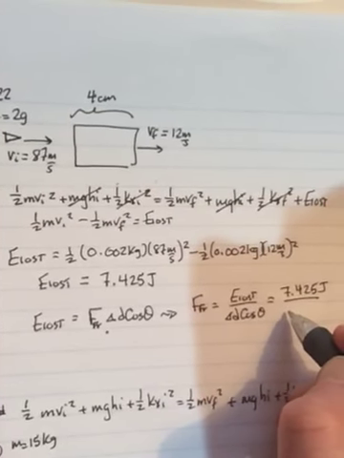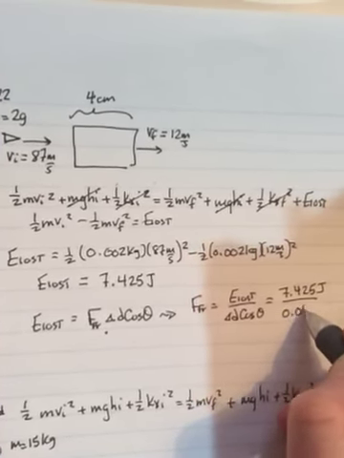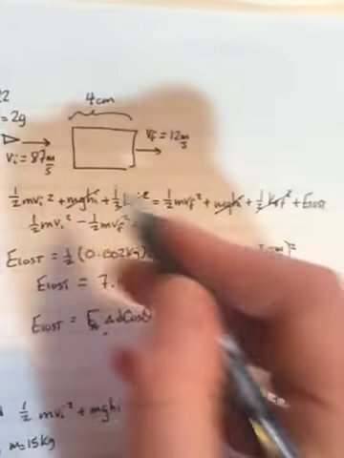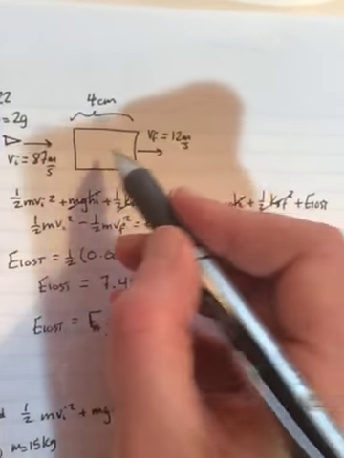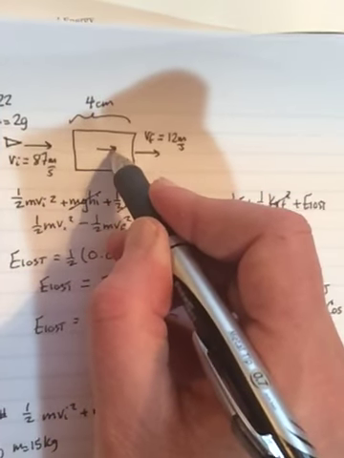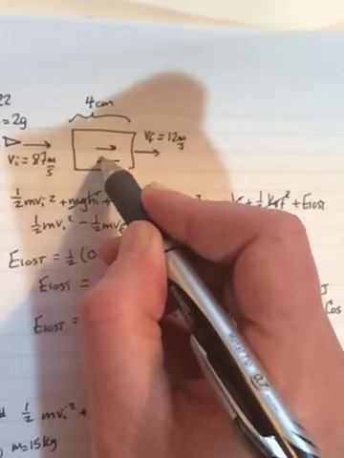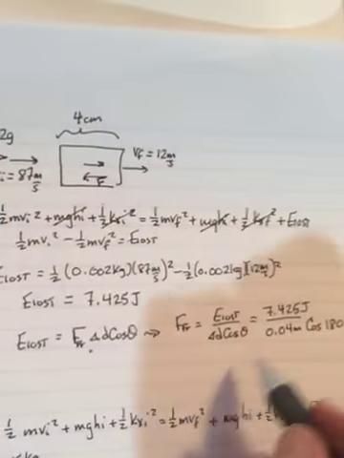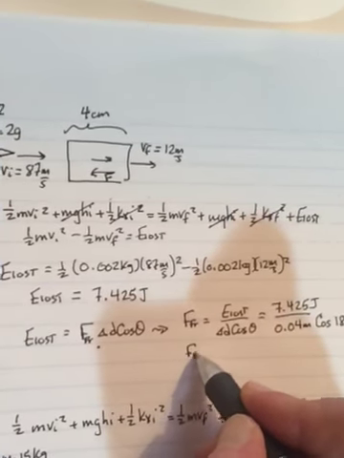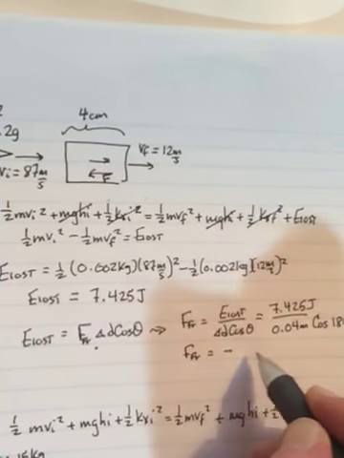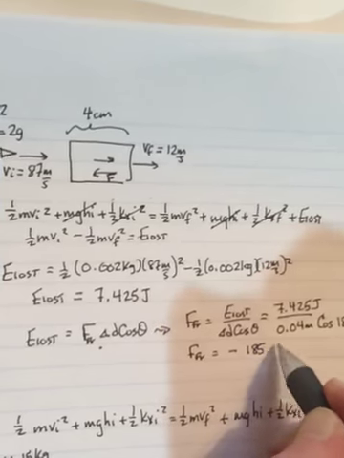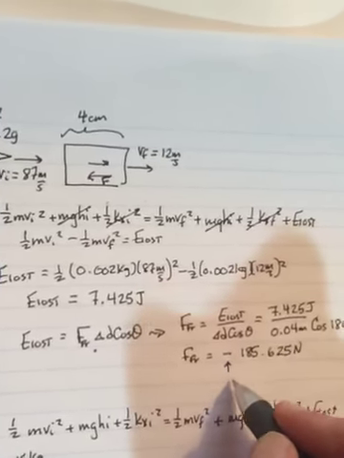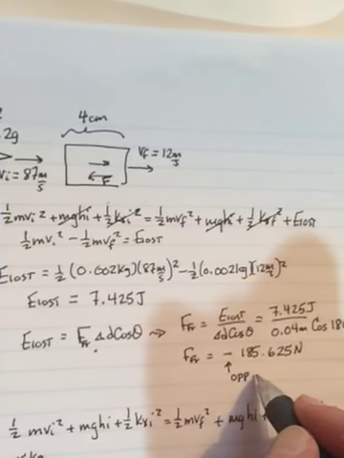That's how wide the block was, but that's 0.04 of a meter. And the angle is going to be cos of 180, because the bullet's going this way, but the force would be going backward, right? That's why it's slowing down. So 180 degrees in the difference. And so it ends up giving you negative 185, I think, 0.625 newtons. Negative, opposite the direction of the bullet.